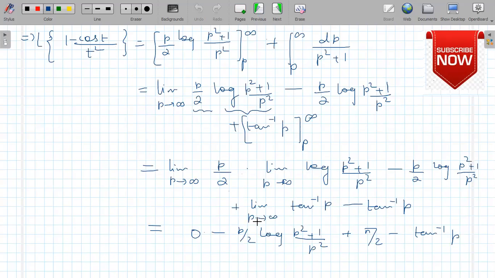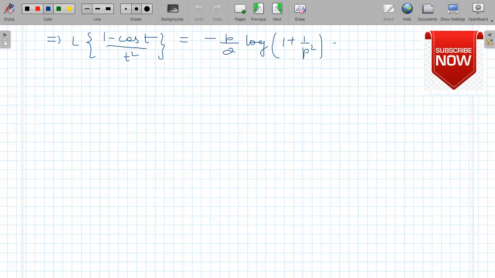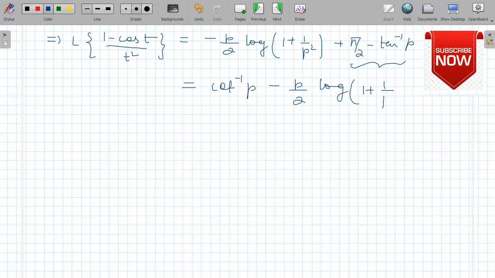You can write this as 1 plus 1 upon p square plus pi by 2 minus tan inverse p. So this can be written as cot inverse p. You can replace this expression by cot inverse p. So this is cot inverse p minus p upon 2 log of 1 plus 1 upon p square. That's the answer.